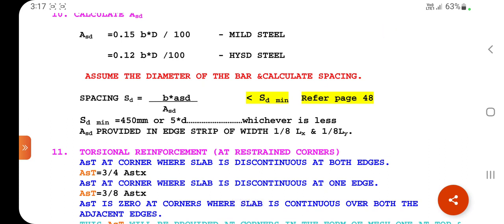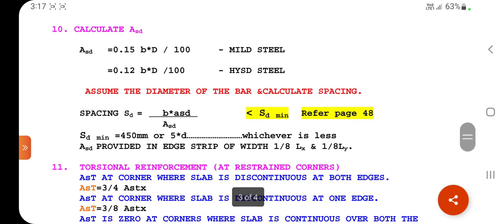Then we calculate the distribution steel Asd. Asd equals 0.15% of bD for mild steel and 0.12% of bD for the HYSD bar. Here the spacing is calculated by the same formula, that is small b into small ast divided by capital Asd.